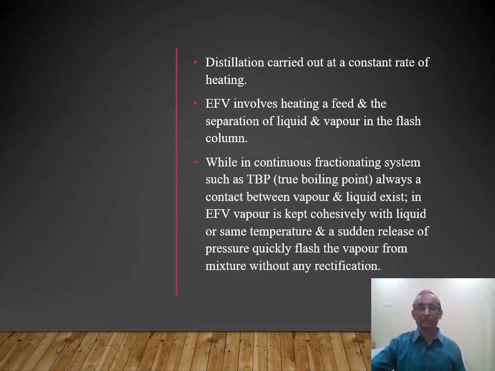In EFV, vapor is kept in contact with liquid at the same temperature, and the sudden release of pressure quickly flashes the vapor from the mixture without any rectification. We don't have rectification here, as we have in the TBP. We don't have rectification in ASTM also. Similarly, here also we do not have rectification, but we wait until equilibrium is reached.